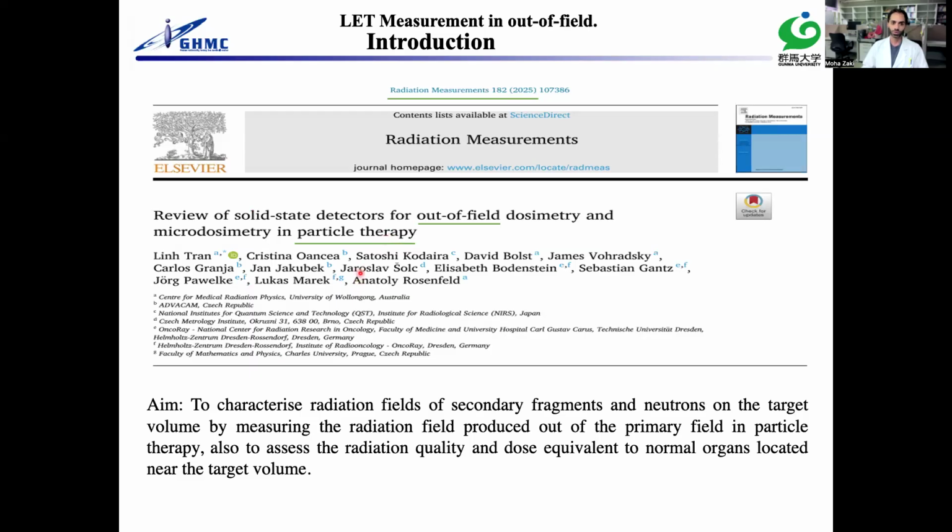A collaboration of Wollongong University in Australia and QST in Japan, the Czech Republic and Germany aimed to characterize the radiation field of secondary fragments and neutrons on the target volume by measuring the radiation field produced out of the primary field in particle therapy. Also, to assess the radiation quality and dose equivalent to normal organs located near the target volumes.